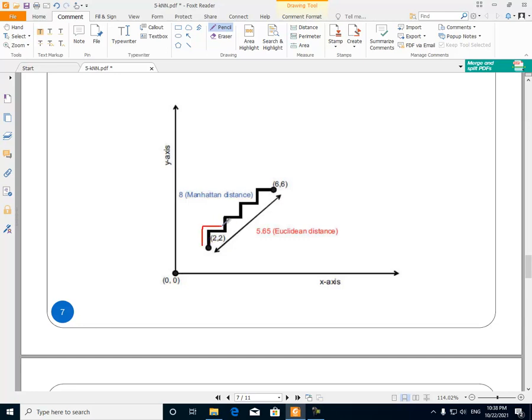When you calculate the Manhattan distance, you're calculating these steps. So maybe in some data the Manhattan distance would have better results for the KNN classifier.